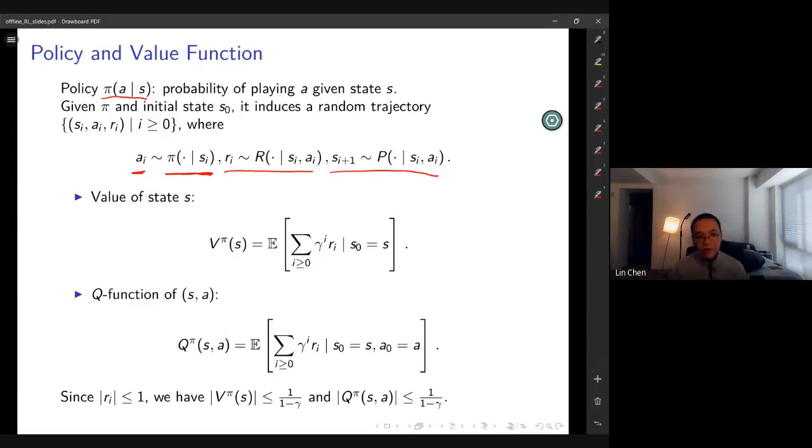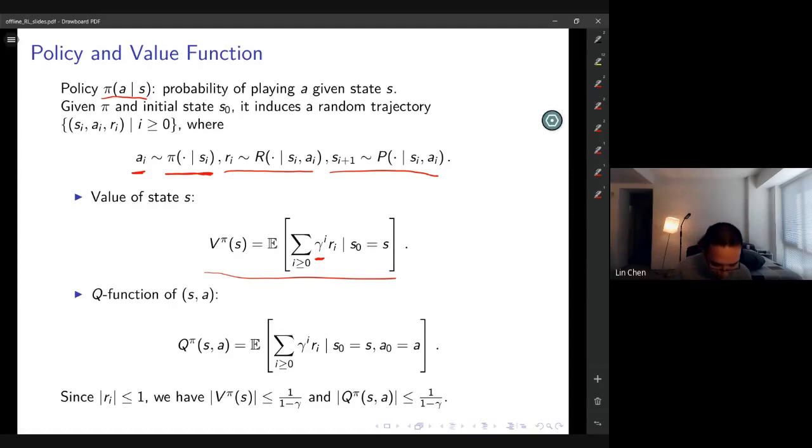And in infinite horizon RL, the value of a state is given by the following. It is the sum of all rewards from each time step, and we have a discount factor here. So in the i-th step, the reward is discounted by a factor gamma to the i.